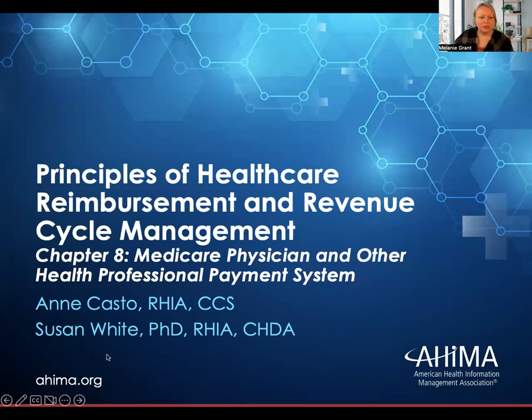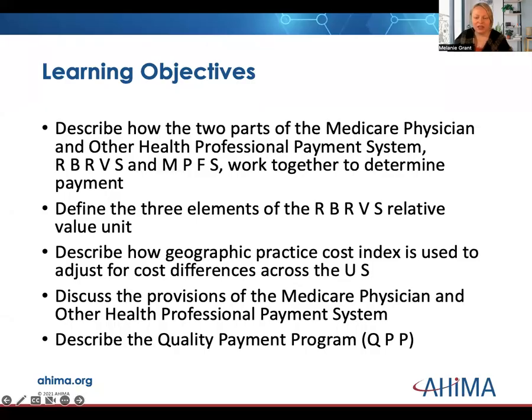So for this presentation, we will be using the AHIMA PowerPoint that's associated with chapter 8 on Medicare Physician and Other Healthcare Professions. Let's look at the types of payment systems here. The two that we're really going to focus on are the RBRVS and MPFS. As with everything Medicare, they like to use a lot of abbreviations.